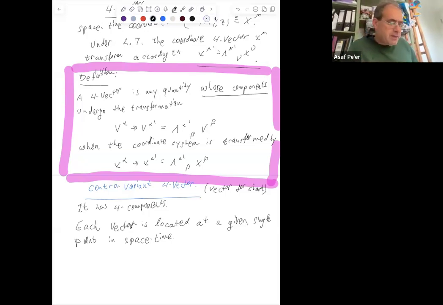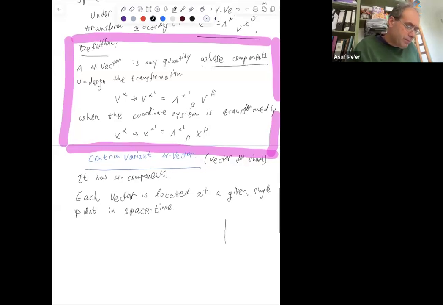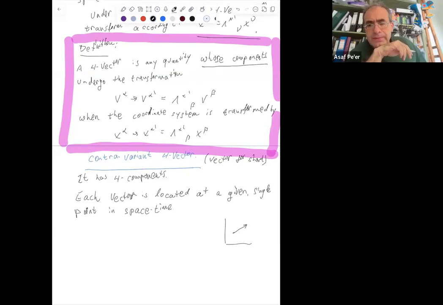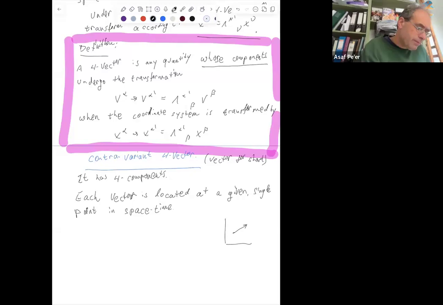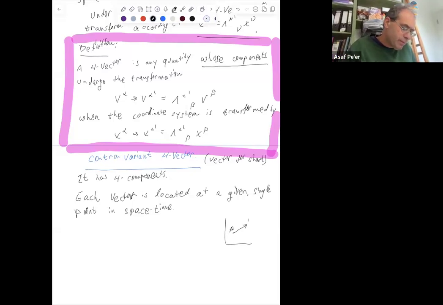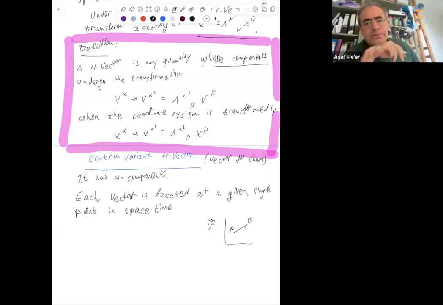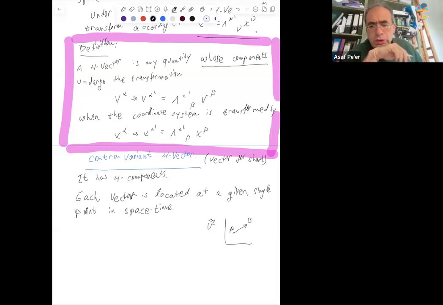In Euclidean spaces, we normally denote vectors with arrows. So you can think of, or mistakenly think that vectors connect one point to the other, A and B, and then you can slide them back and forth. That's why the notation of vectors is always with an arrow. But that's a mistake.